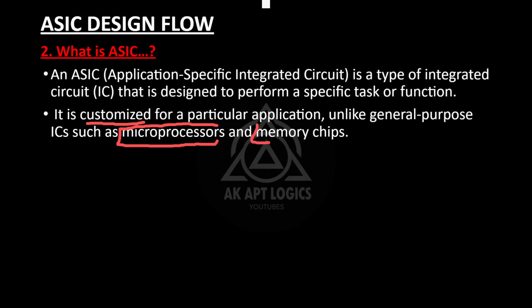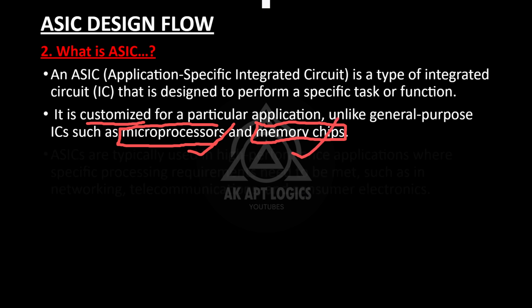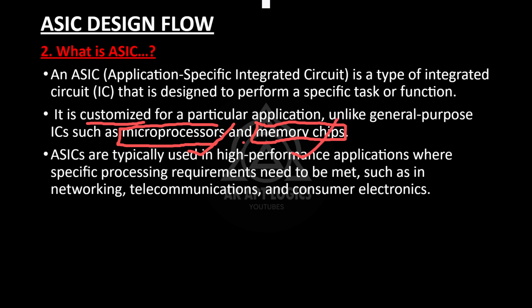We use the FPGA to test whether the codes work. Later we generate the layouts for the big circuits like microprocessors and memory chips. It is typically used in high performance applications, because ASICs give high performance since they are specified to only one specific task.